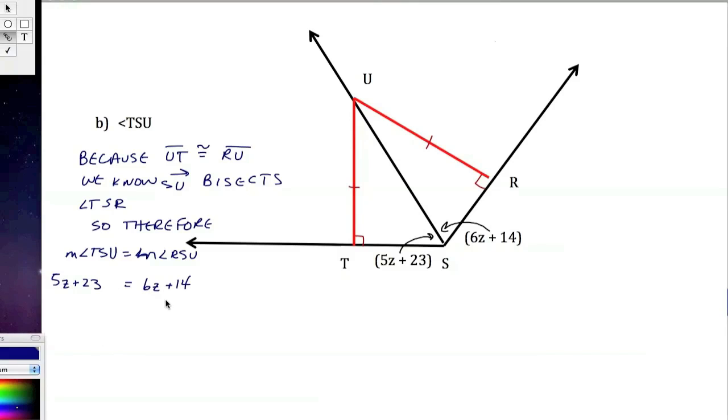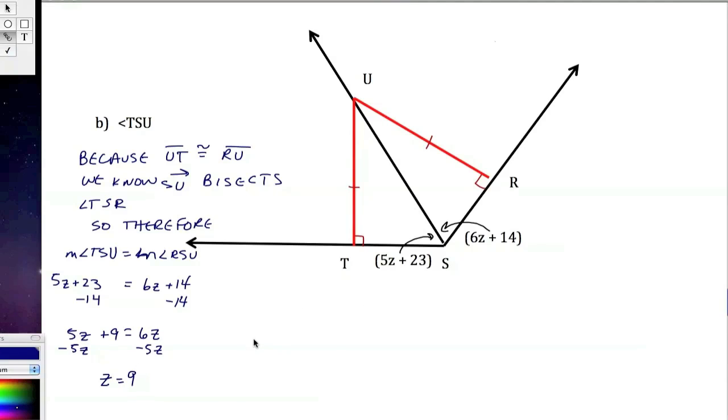And when we solve, we subtract 14 from both sides. We get 5Z plus 9 is equal to 6Z. We subtract 5Z from both sides. And what we end up with is Z is equal to 9.